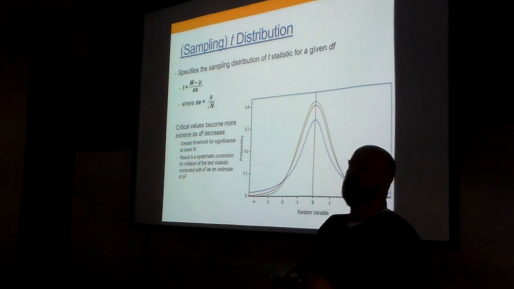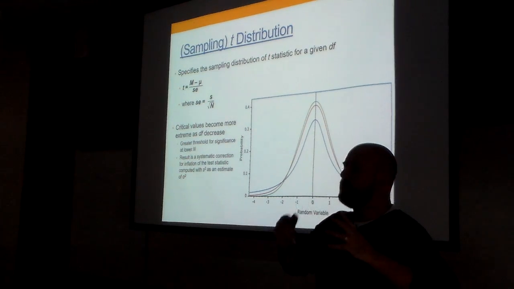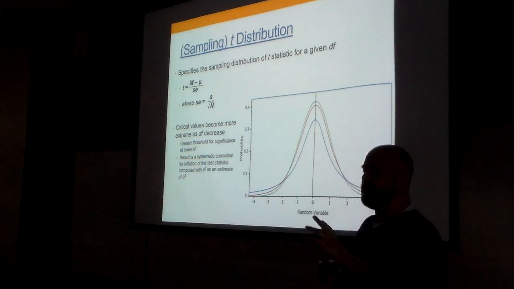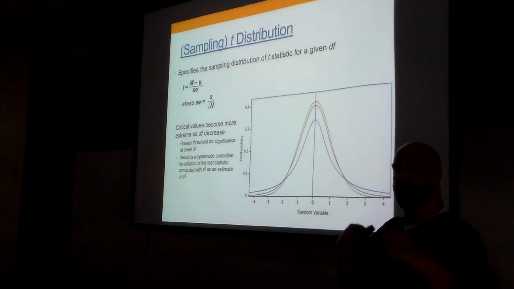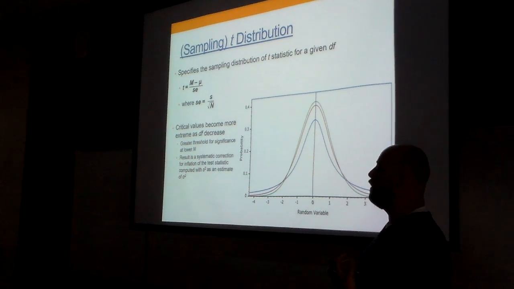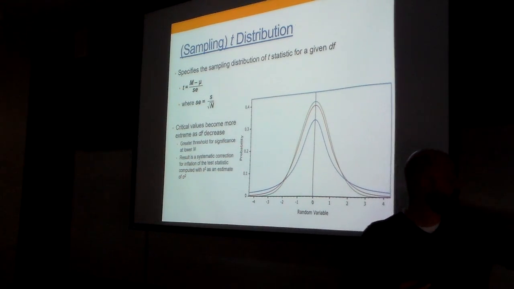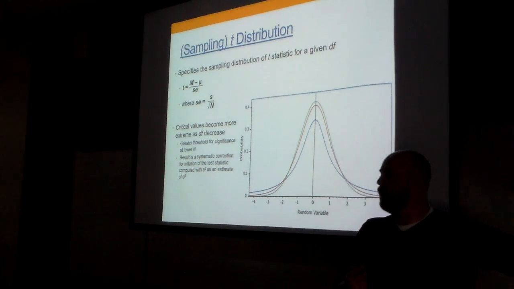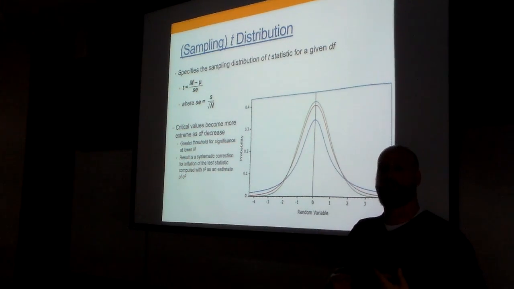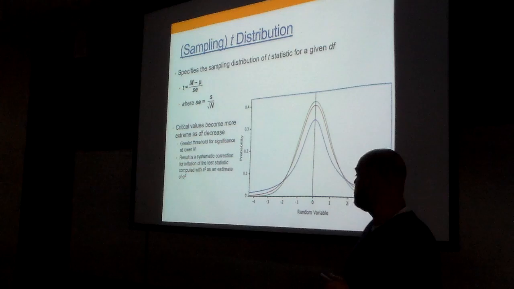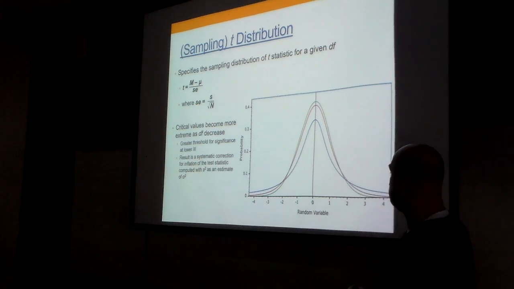It's a lot of math, but I'm not making you derive any proofs. I just want you to know, from a conceptual standpoint, why, if we're using our sample variance as an estimate of our population variance, we can't just charge ahead and use our normal curve, and why we have to use a different distribution. This is assuming the null is true, that there's no effect.